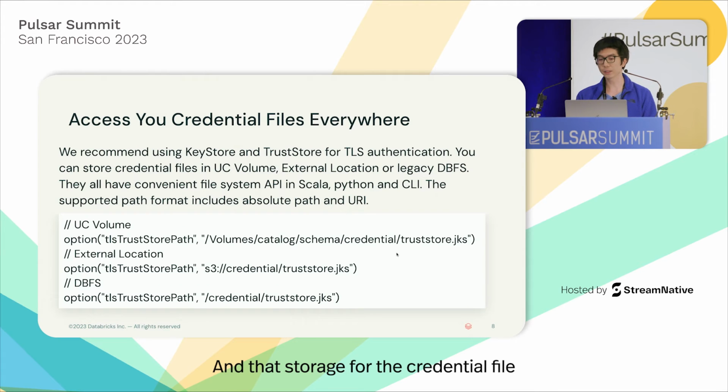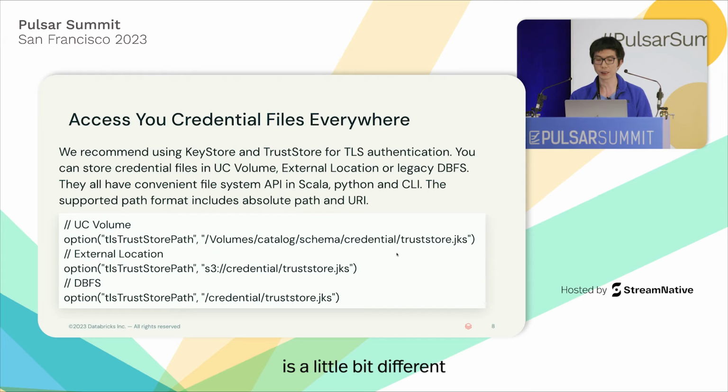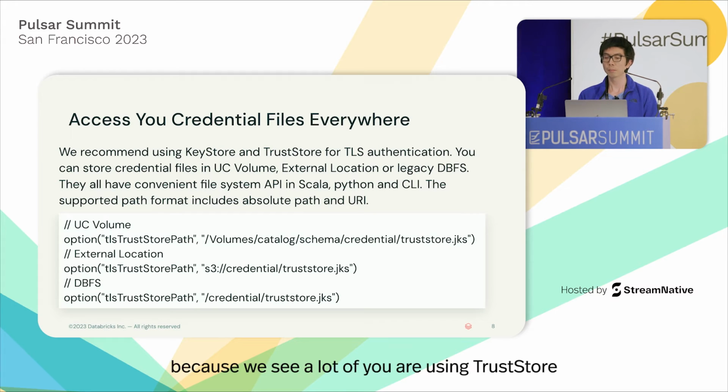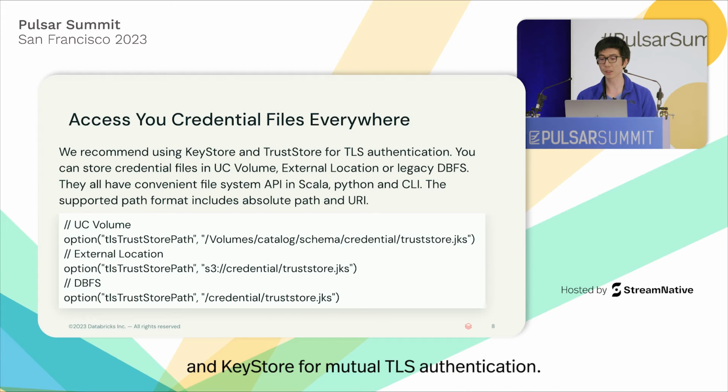And then the story for the credential file is a little bit different, because we see a lot of users are using trust store and key store for mutual TLS authentication. So we add special support for it. You are allowed to store your credential file in a UC volume, external location, or legacy DBFS.